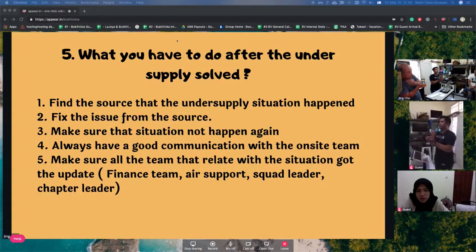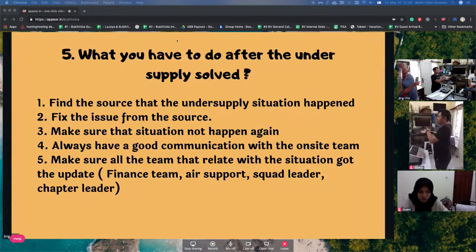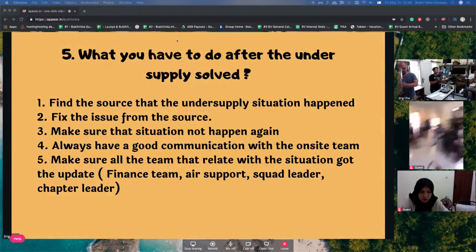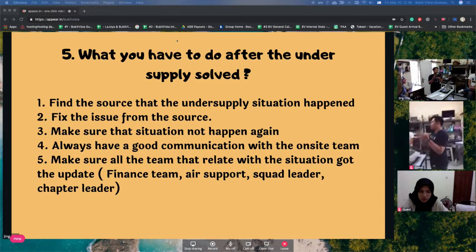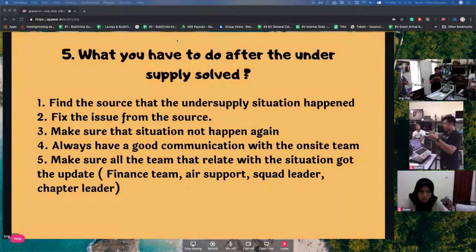For example, the listing is not connected to Toki, so we can connect it to avoid future overbooking. Or maybe the owner did not update the calendar because the owner cannot open it or doesn't know how to use it, so we teach the owner. It's better we solve it from the source, to avoid undersupply guests in the future.